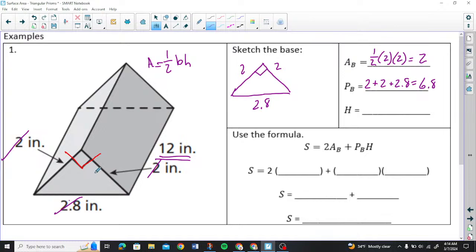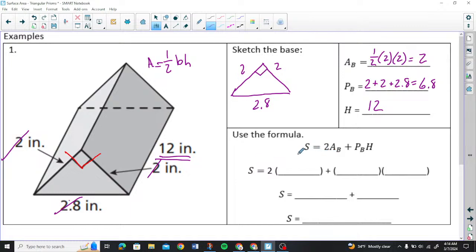This sometimes is confusing for students because this looks like it's lying down, but it tells us how far the front triangle is from the back triangle. And so that's our height, even when it's lying down, because a 6-foot tall man is still 6 feet tall, even if he's laying down.